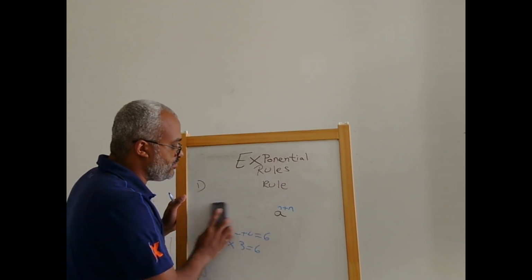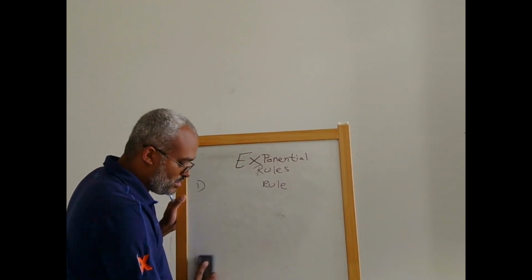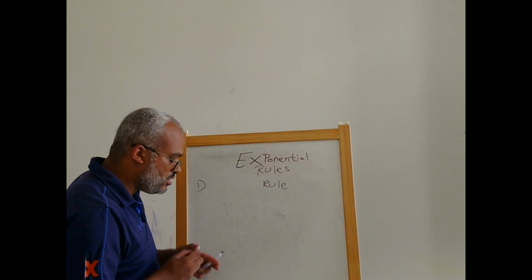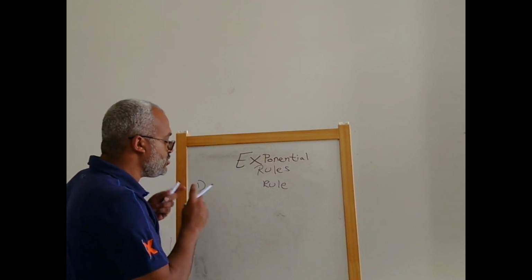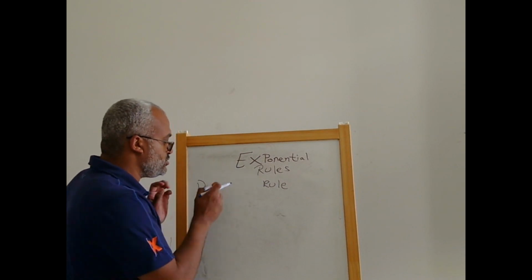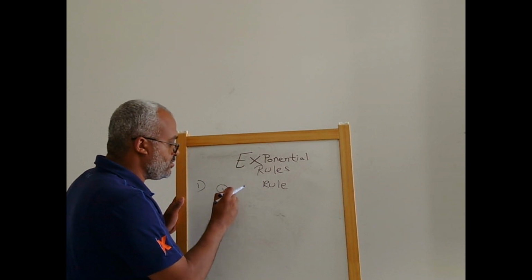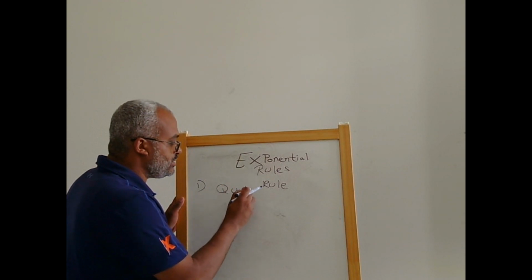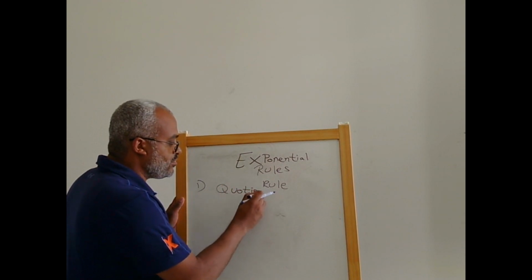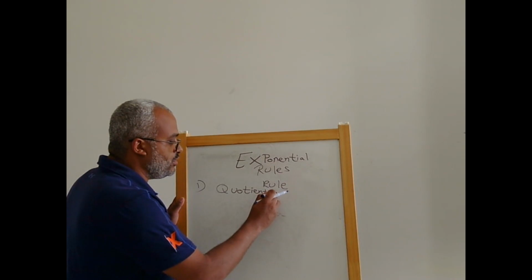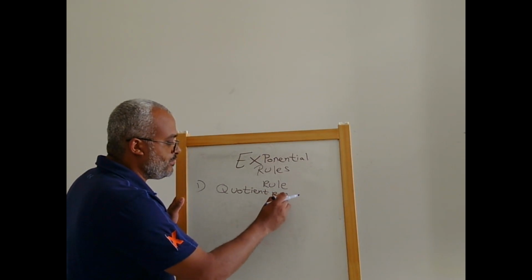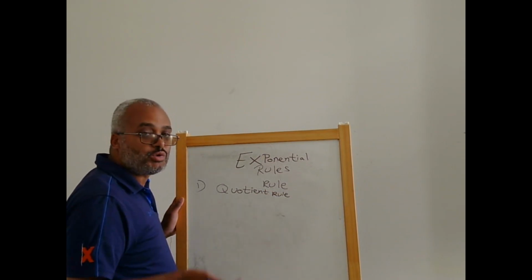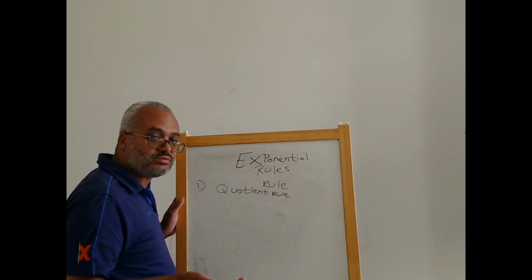The second rule that we have is called the quotient rule. What is the quotient rule? So product is multiplication.